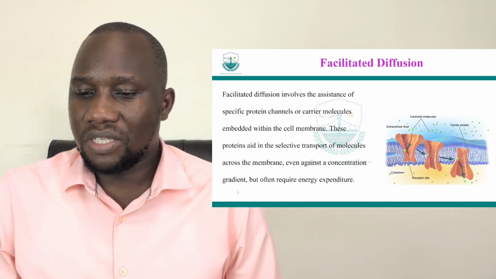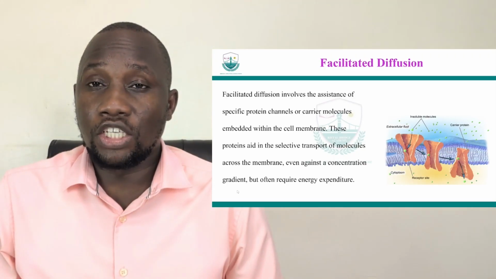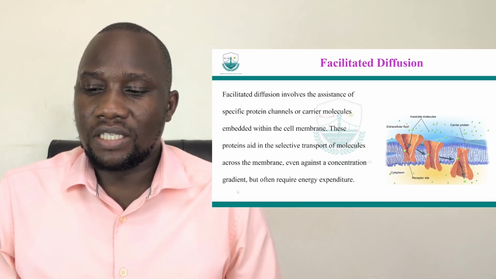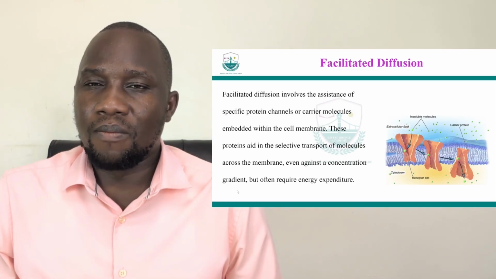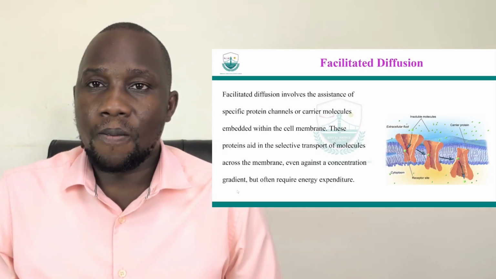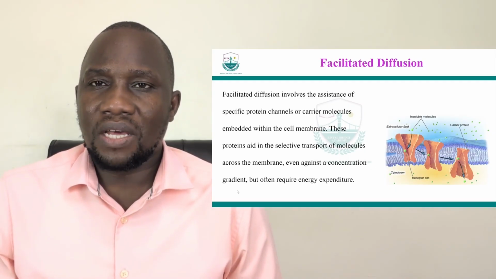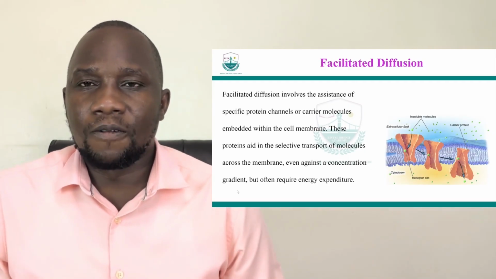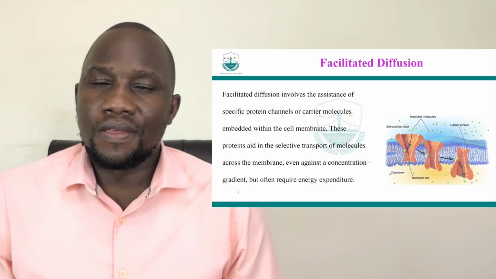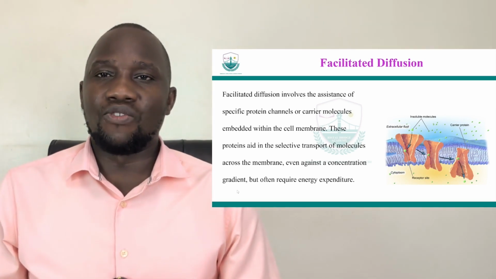The carrier protein usually undergoes a conformational change. So the molecule attaches on one side and then it is released on the other side. And for channels, you're basically having pathways for either minerals or even organic compounds to take.